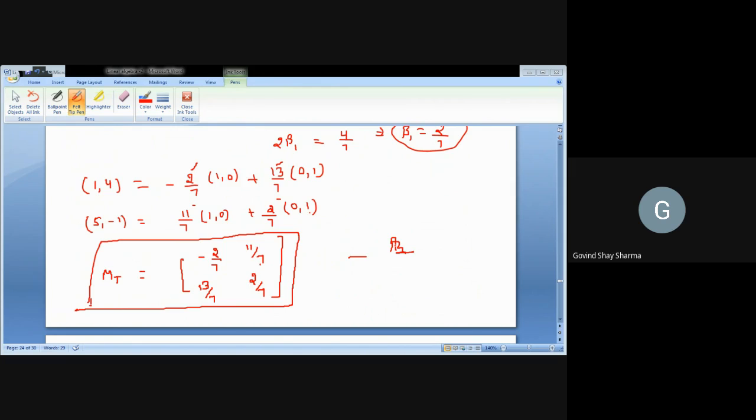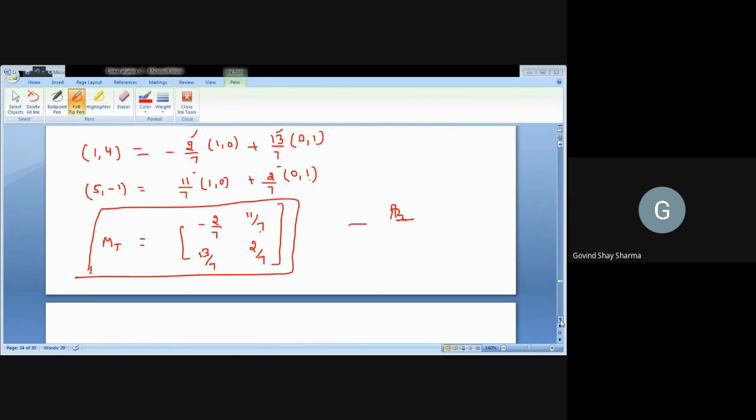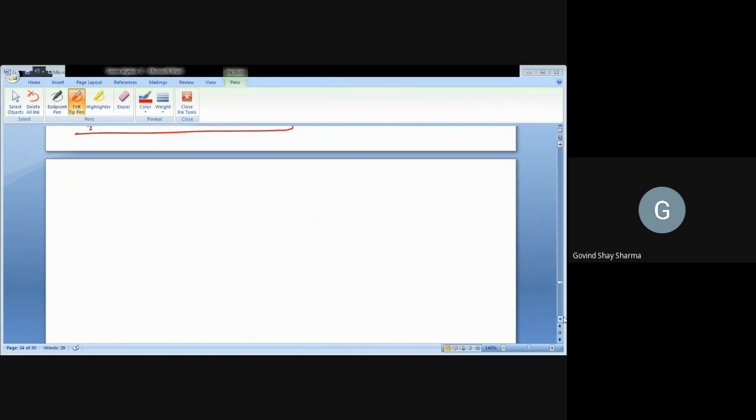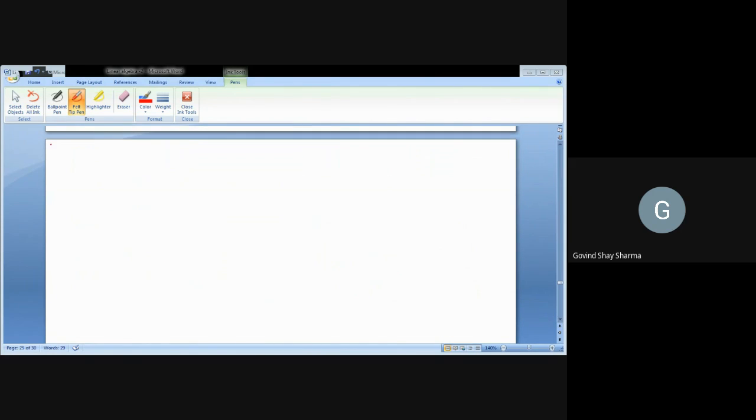Now we take another example, when the bases are different. So the bases are different.